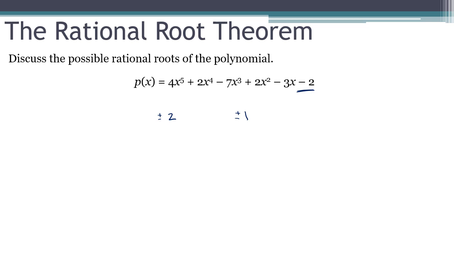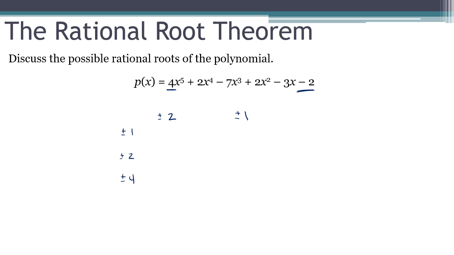All right, then I'm going to put the factors of the leading coefficient. I'm going to put those in the rows. So I'm going to have plus or minus 1, plus or minus 2, plus or minus 4. All right, those are all the factors of 4.